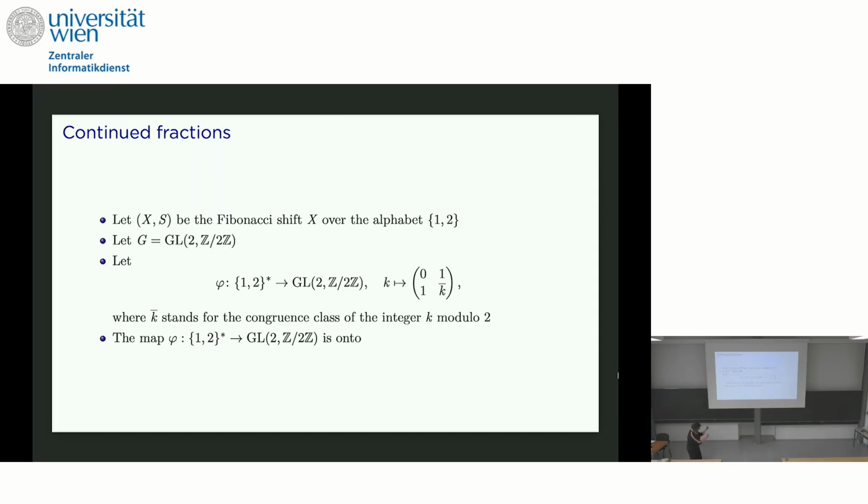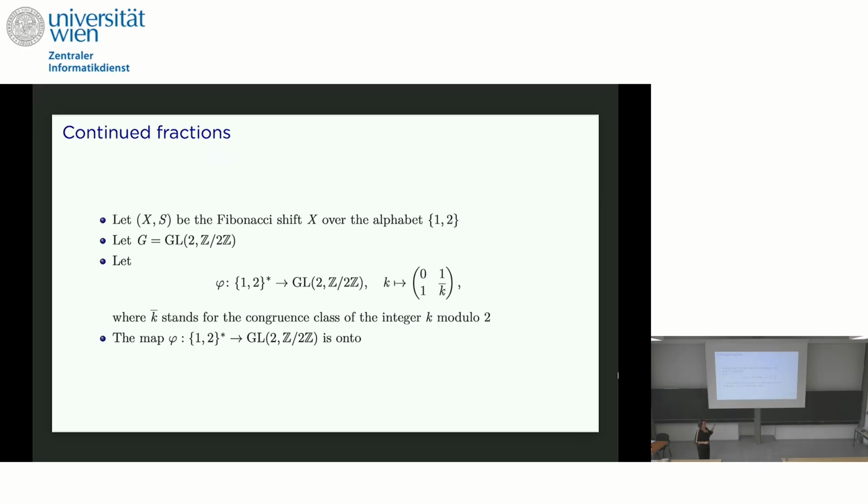The next step is to embed now Fibonacci in continued fractions. So to do that, I replace letters by elements of GL2 of Z, ideally. But since we deal for the moment only with finite groups, that will give us information on the equidistribution of partial quotients.